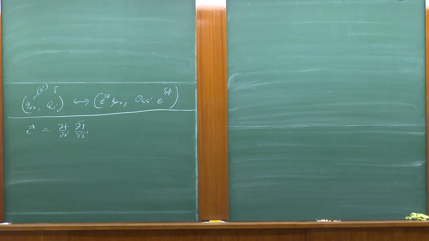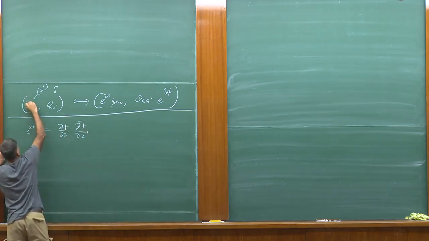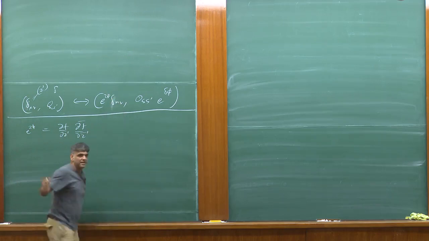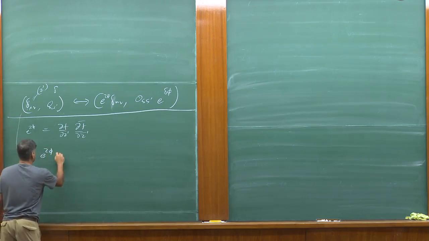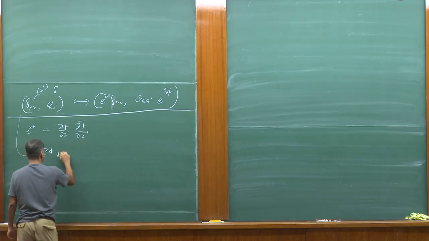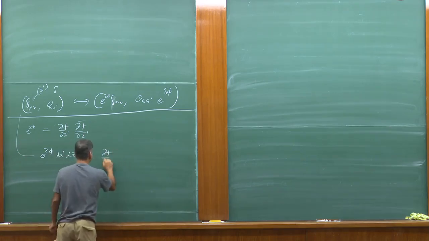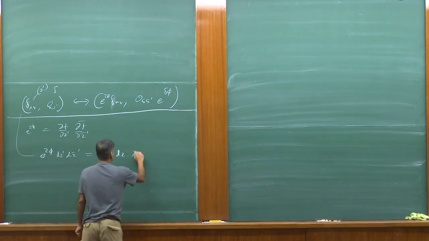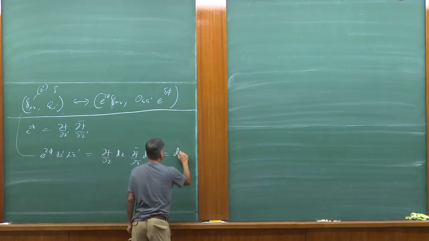What's the metric? This was always true, but now we'll specialize to delta. So the starting metric was delta, and we use the fact that e to the power 2 phi times the metric dz prime dz bar prime is the same as del f by del z prime dz prime times del f bar by del z bar prime dz bar prime, which is the same as dz dz bar.